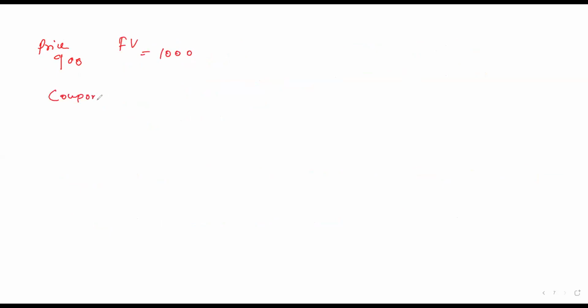Coupon rate is 10%. YTM is 12%. So this is again a hypothetical example. NPER is 3 years. Any one of you, please give me the actual price of the bond.